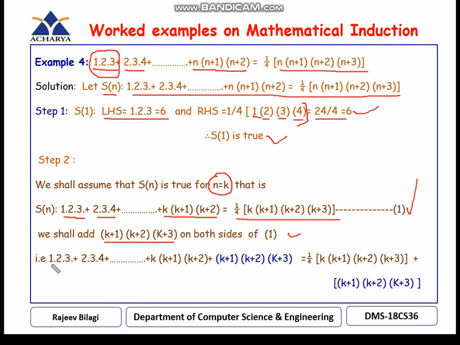So that is what I have written here. Till this part was the same thing, and this I have added on both the sides. So up to this is already there, 1 divided by 4 into bracket k, k plus 1, k plus 2, k plus 3, and extra I have added is k plus 1, k plus 2, k plus 3.